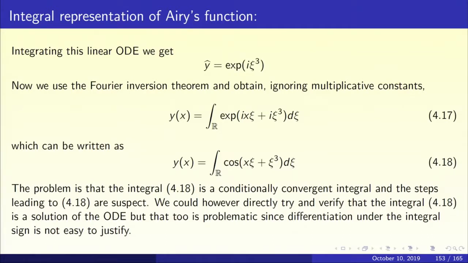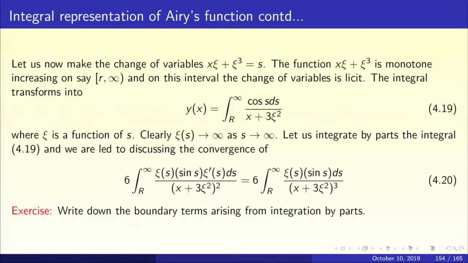Okay, so let us go ahead and check that 4.18 is a conditionally convergent integral. The idea is, first of all, it's an even function. So it's twice the integral 0 to infinity. And then from 0 up to some r is a proper integral, namely the integral of a continuous function on a closed bounded interval, and so there is nothing more need be said about it. So we must look at the integral from r to infinity, say little r to infinity.